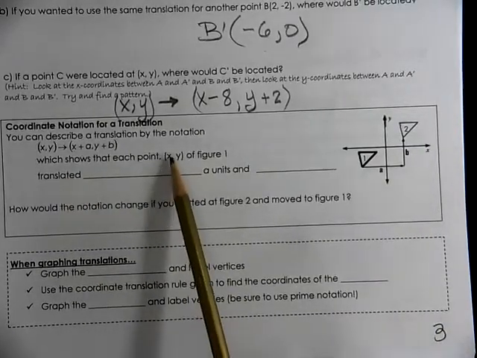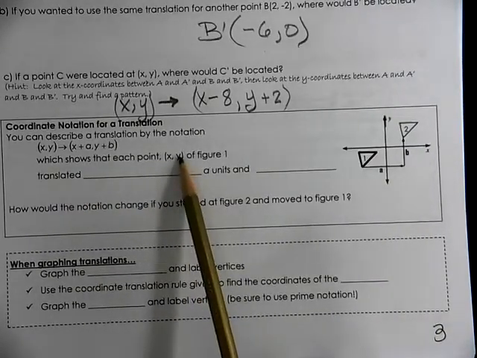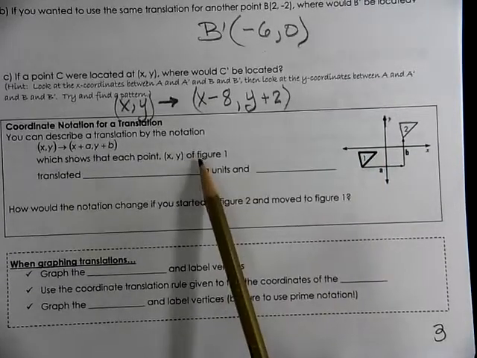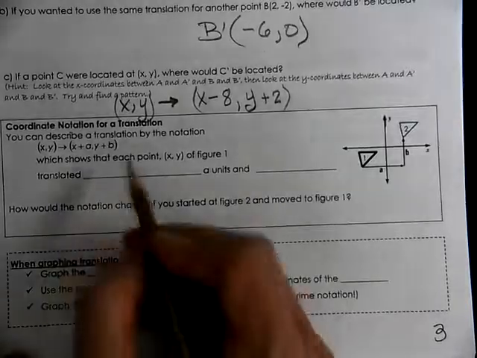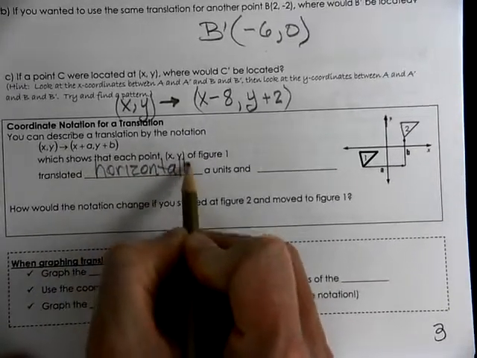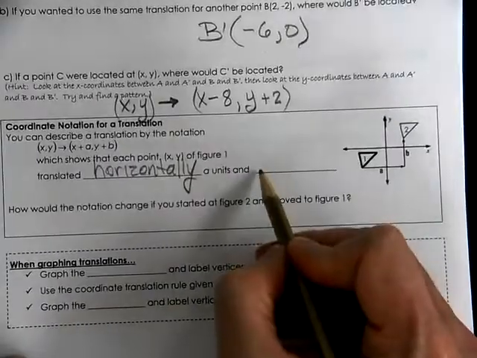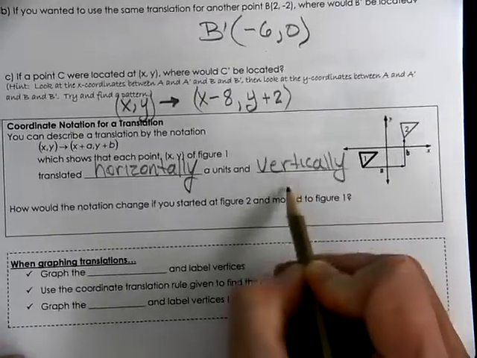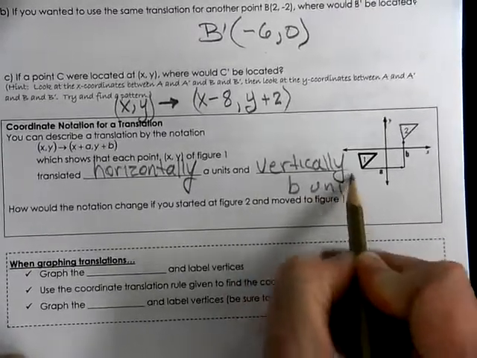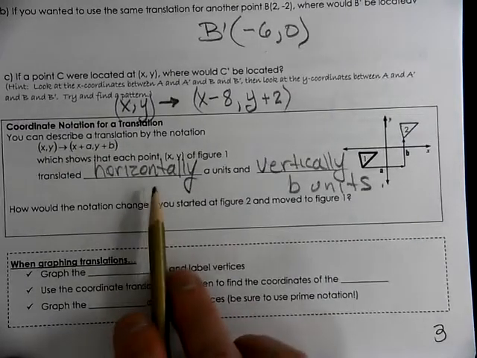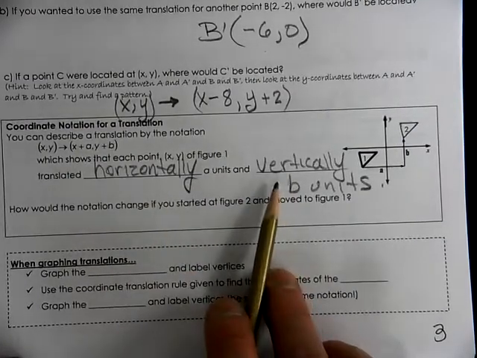This shows that point (x, y), which are all the points that make up this triangle, are going to be translated horizontally, a units, and vertically, b units. Horizontally is right to left, vertically is up and down.